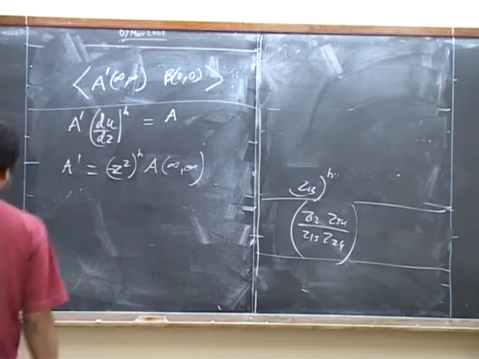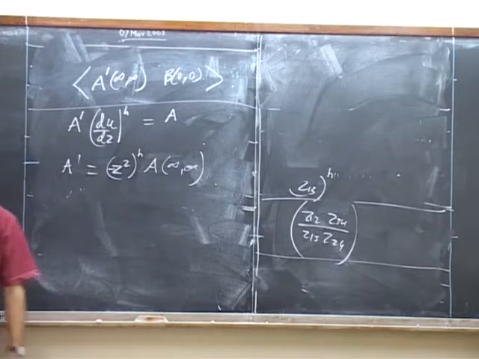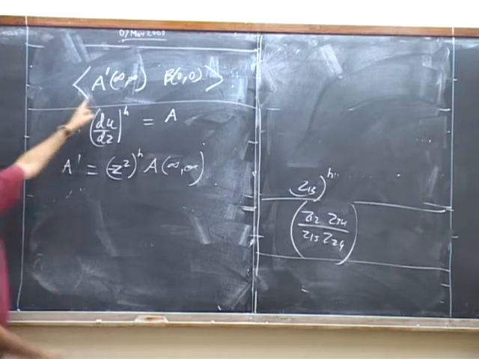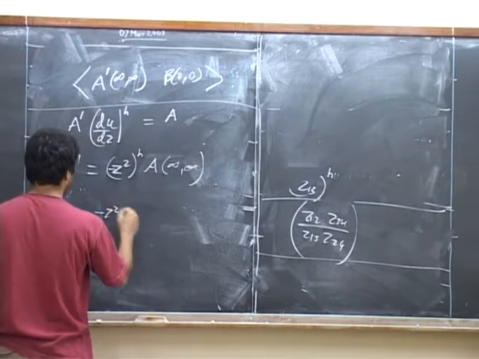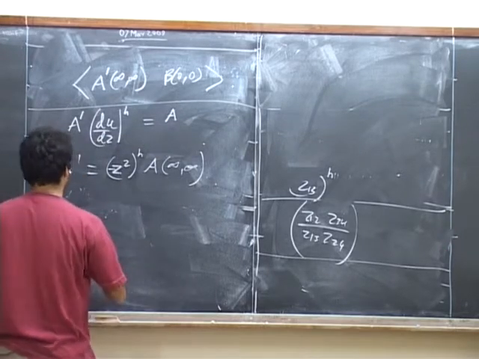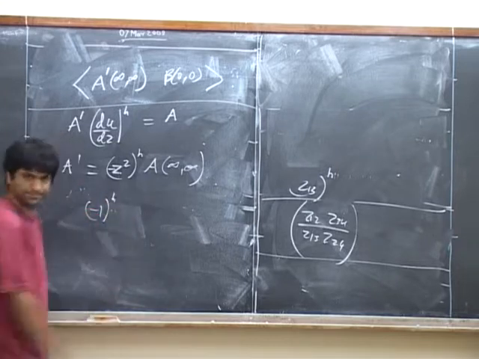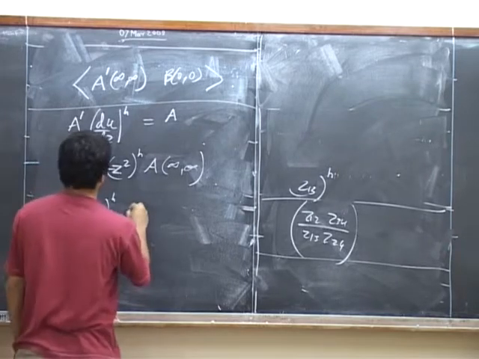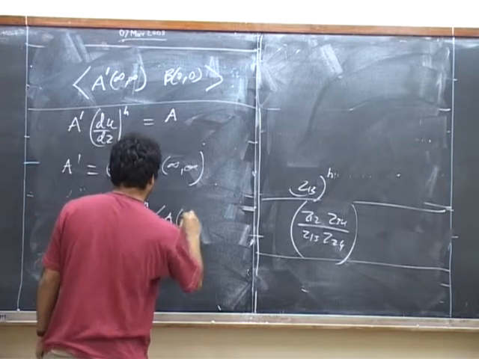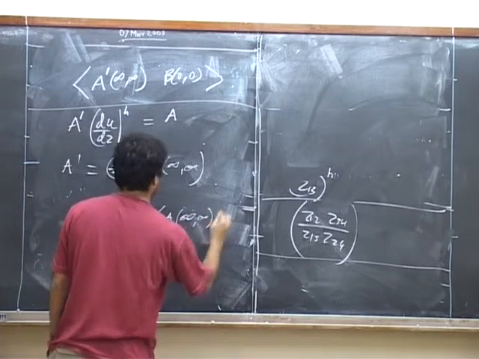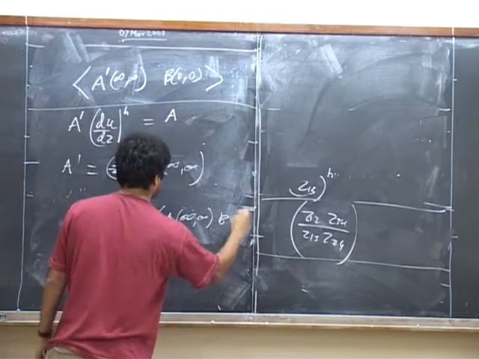But that is precisely compensated for by this part. So this 2-point function is what? It's minus 1 to the power h times z to the power 2h times A infinity at 0 0.